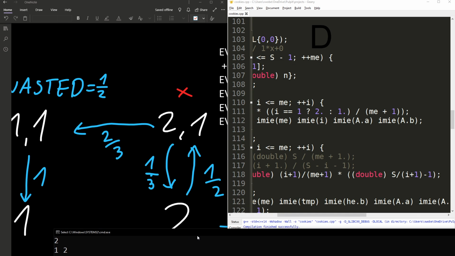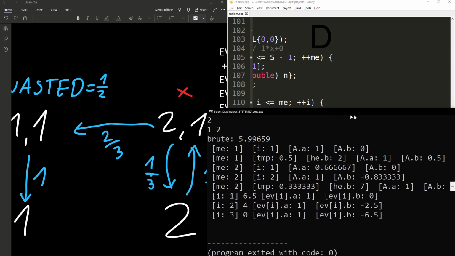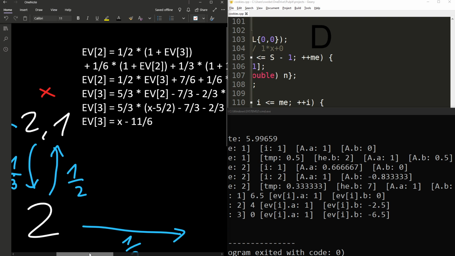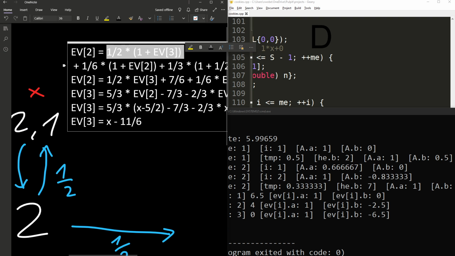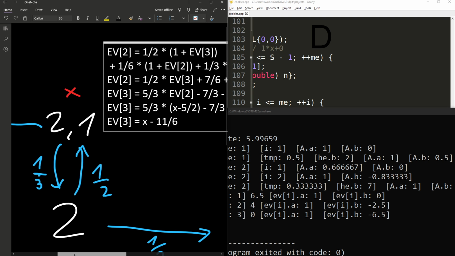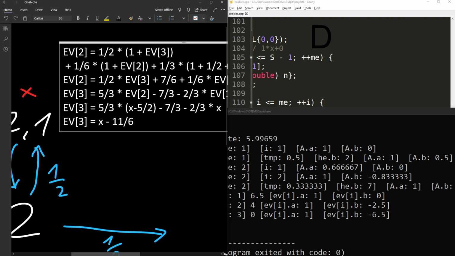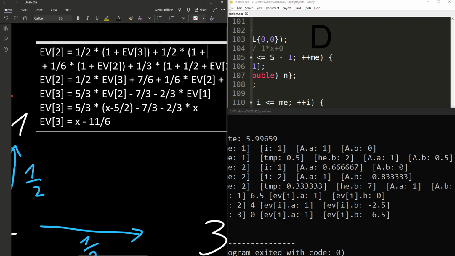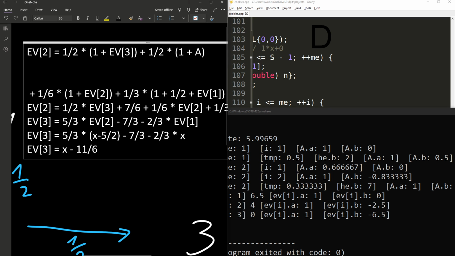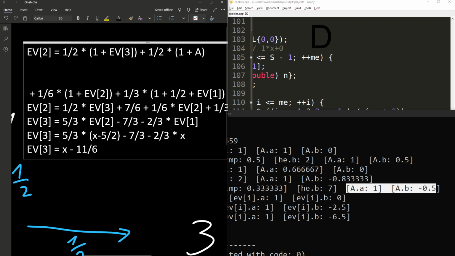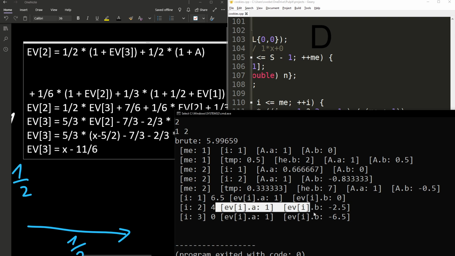Well, from 2, we will get to 3, or with probability 1/6. What about this? With probability half, I get to A. And I know A, because A is x minus half. And EV2 I also know it's this.